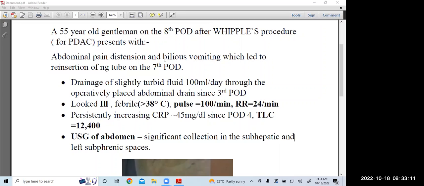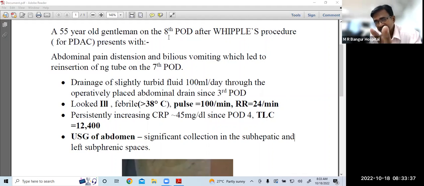So keeping these things in mind, what are the things that you can do peroperatively when you are doing a pancreaticoduodenectomy? Can you do anything which can prevent development of pancreatic fistula in those high risk cases? Understood my question? Yes, sir. Does your operative technique have a bearing on the outcome of pancreatic fistula?